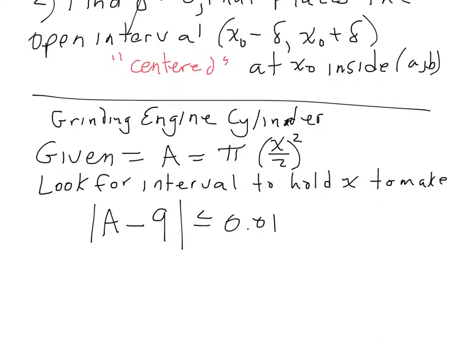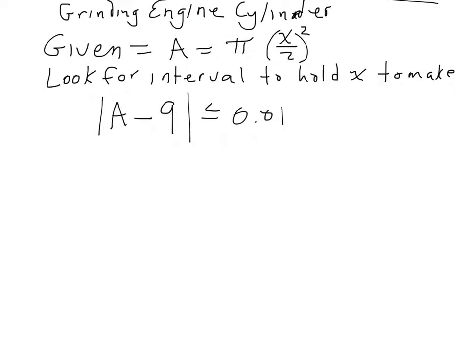Now, in this example, if I'm designing some cylinder, I could really care less if I center my values. But for the sake of going through the example, I'm going to plug this in. So I'm going to have pi times x over 2 squared minus 9.